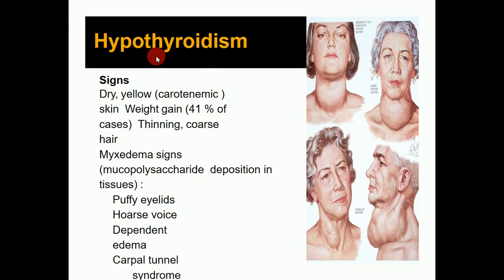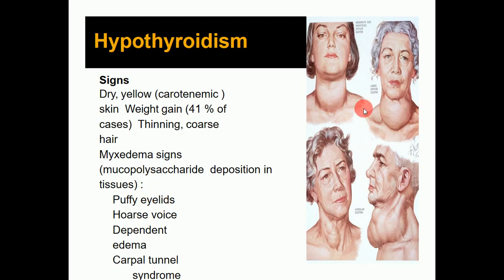If a person is suffering from hypothyroidism, when thyroxine secretion is low, these are the signs reported: dry, yellow skin, weight gain in 41% of the cases, thinning, coarse hair, and myxedema signs, with mucopolysaccharide deposition in the tissue.